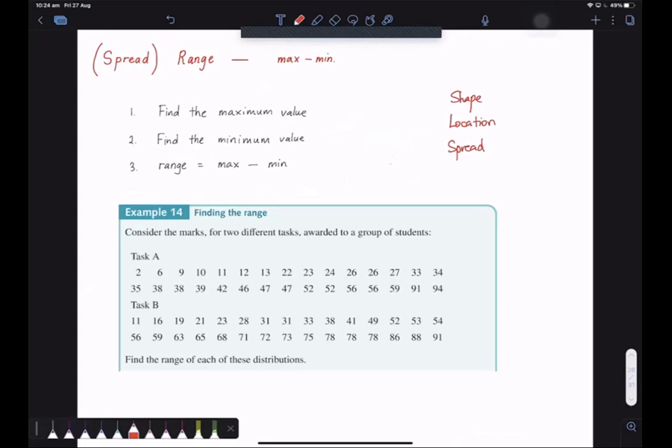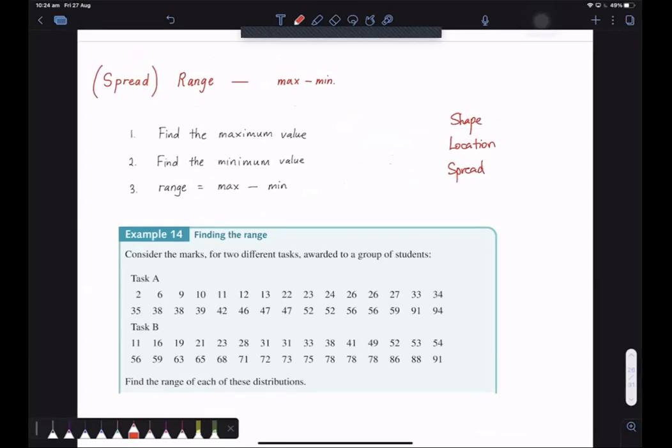When we talked about the spread, we were talking about if it was really wide or if the spread was really narrow. These next couple of ideas are going to tell you how to calculate the spread. Each of them holds a different kind of idea, but it still measures the spread. It just depends what you're looking at.